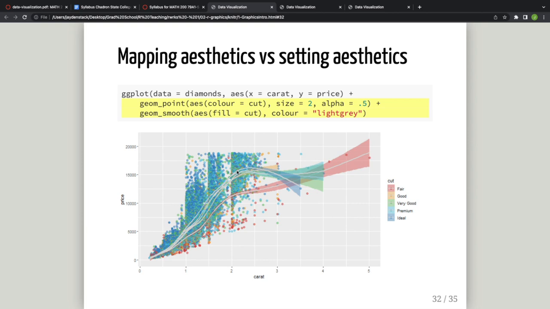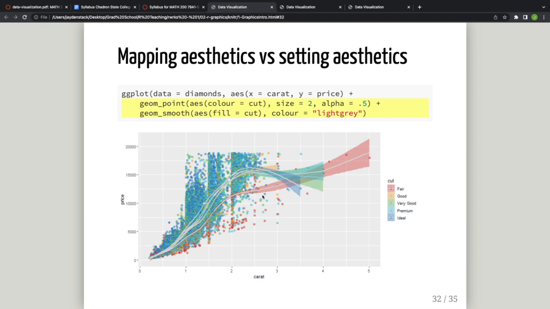I can again append an aesthetic for that smooth. And so now let's go out by each single cut of diamond, so now let's look at the line of best fit for each single cut of diamond. I can see that this red one is following a lot lower than the rest of them, all the way down here.